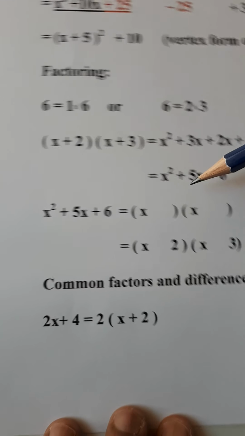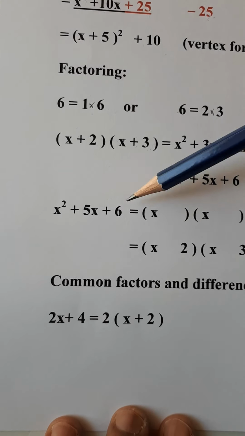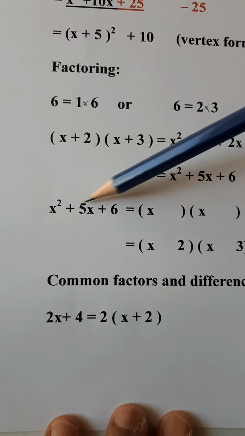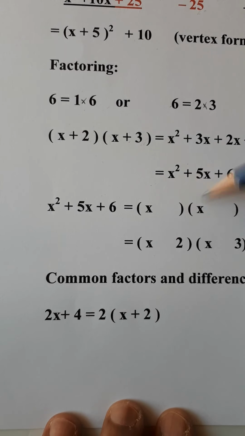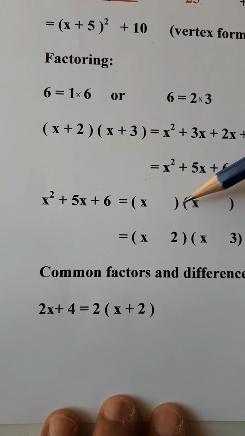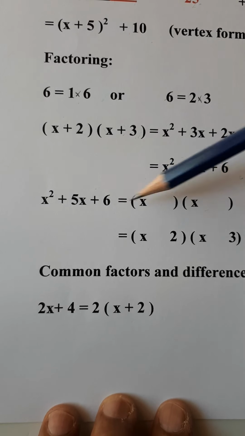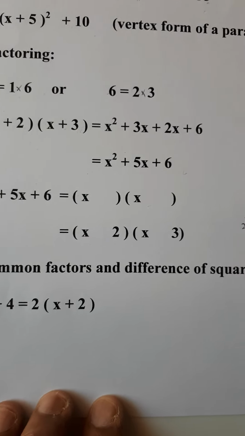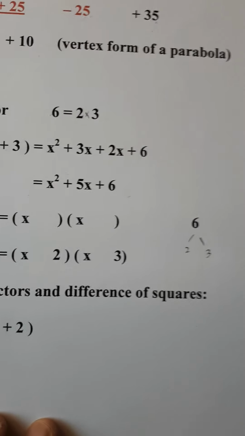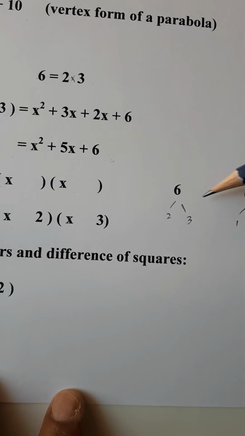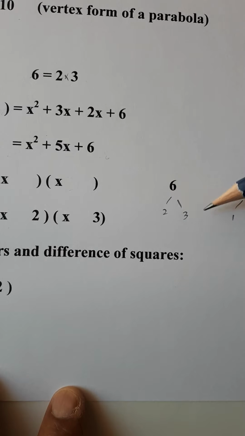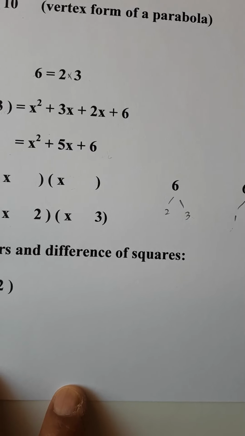So this is how we factor an expression. Put the brackets like this, put the x and x. Now we have to look for these numbers. This last number we write on the right-hand side and think about its factors, 2 and 3, 1 and 6.